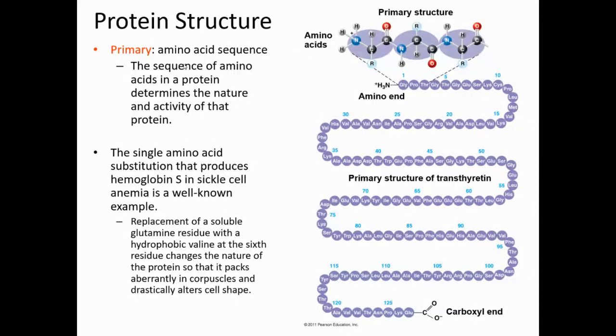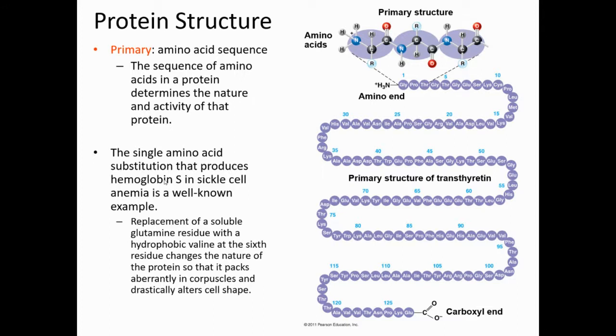Okay, and a well-known example of the primary structure influencing cell function would be hemoglobin in sickle cell anemia, because one amino acid change changes the protein function.